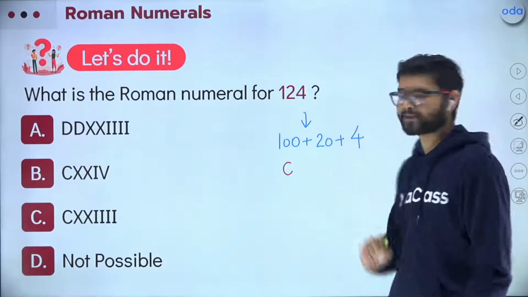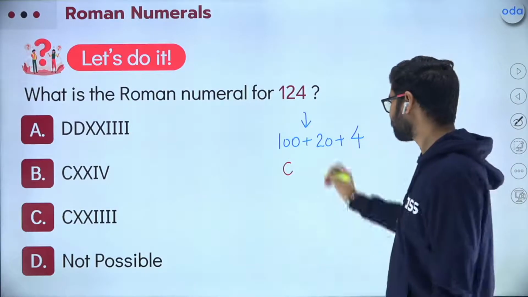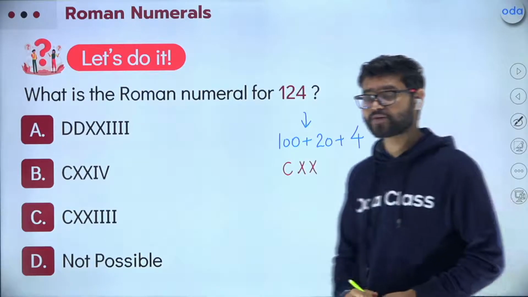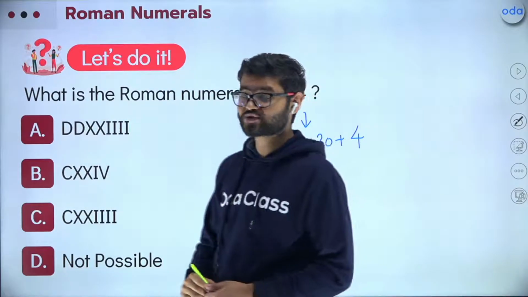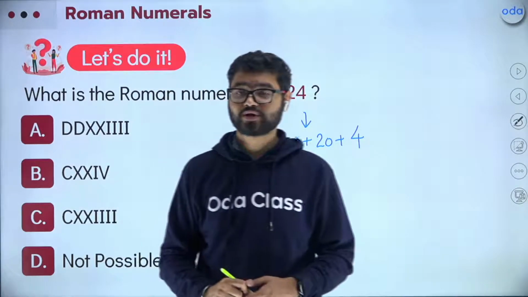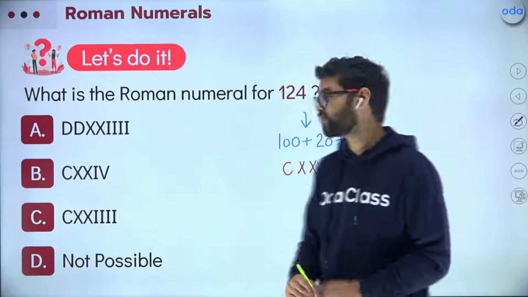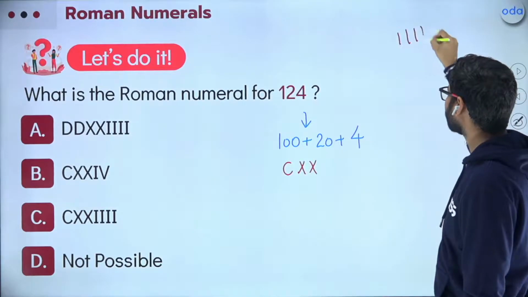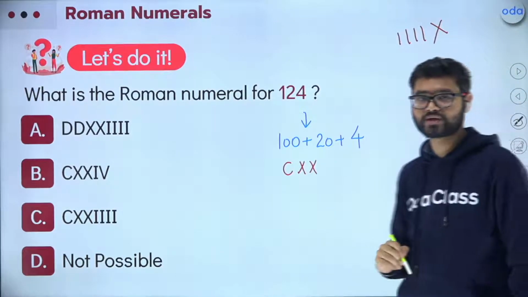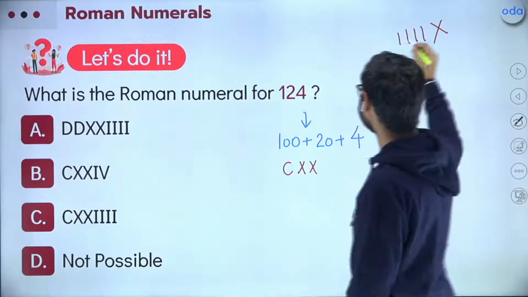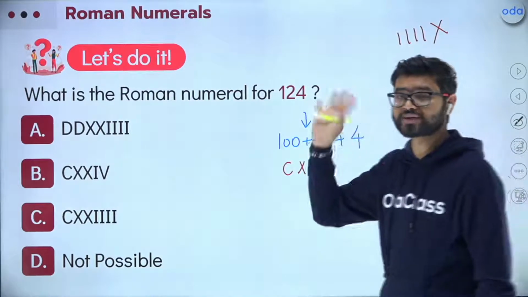100 is a C. What is 20? 20 is XX. And how can we write number 4? I want you guys to answer me in the chat box. How can we write number 4 using the Roman numerals? If you are saying I can write IIII, no, that is not the right way, because we cannot repeat I more than 3 times. Here we are repeating it 4 times, not allowed.